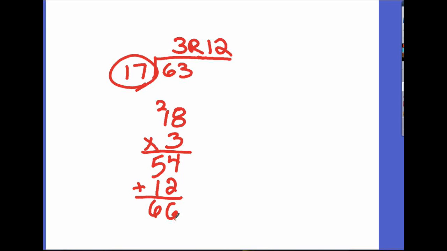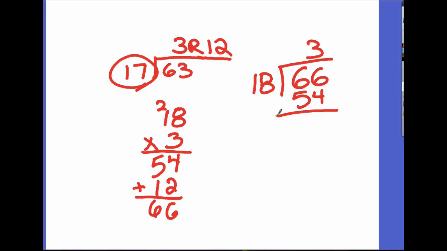Boy, sometimes I get in a zone. Okay, so my dividend now is 66 divided by what number? 18. This should work now, right? 3 times 18 is? And it matches. That was painful. That was really painful.